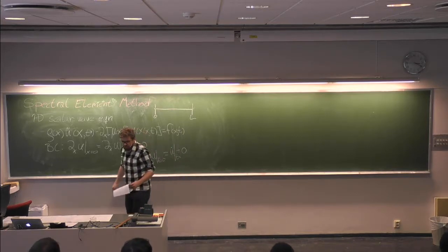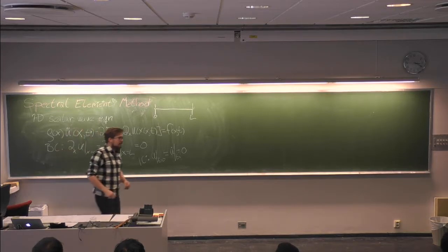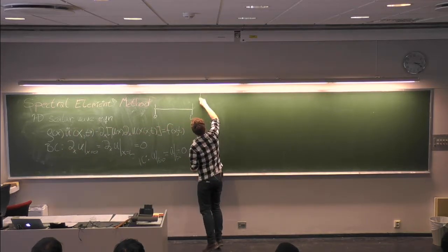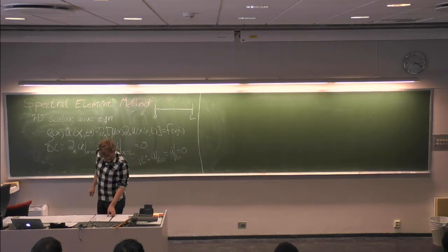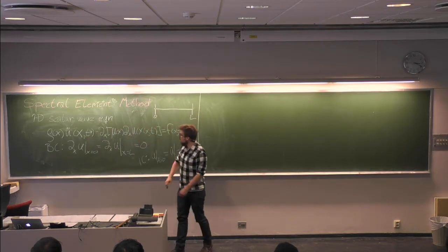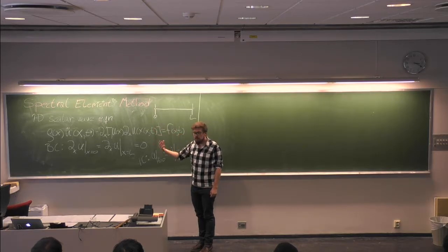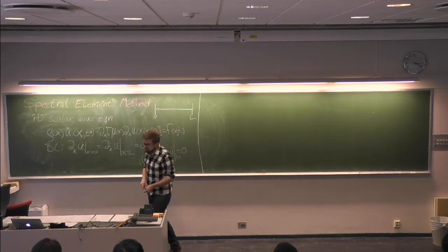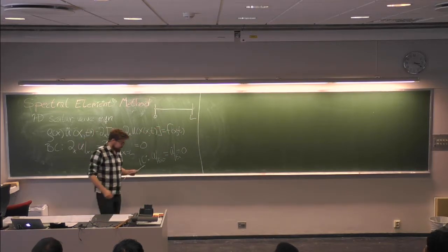I'm just going to do a very quick recap since I actually taped the last lecture and you can see it there. What we did next was to find the weak formulation of this equation by multiplying it with a so-called test function we called w, and then integrating it over space.